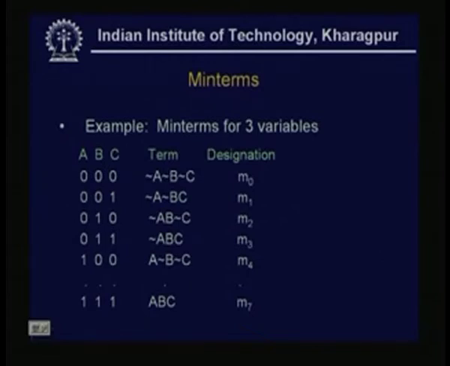So, if it is 3 variables and we know that they can take either 0 or 1 values, then these ABC values are 0 0 0, 0 0 1, 0 1 0, 0 1 1, up to 1 1 1. All 2 to the power 3, all 8 possible combinations are there, from 0 0 0 to 1 1 1.